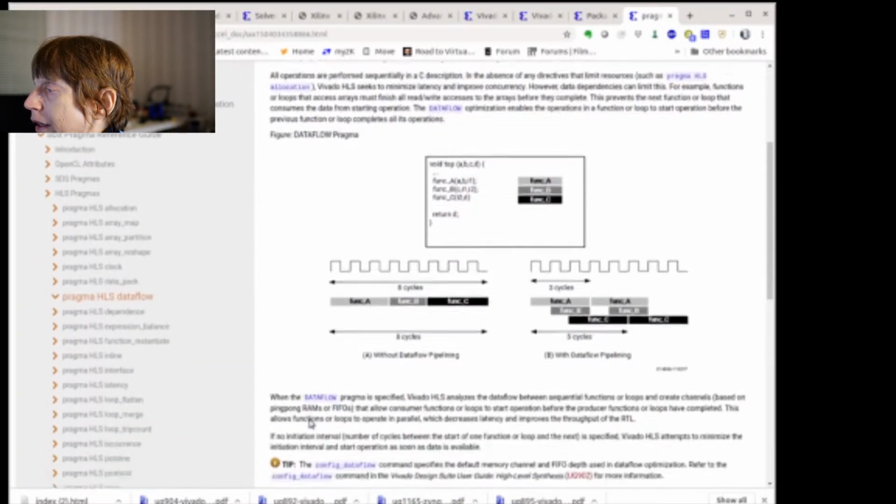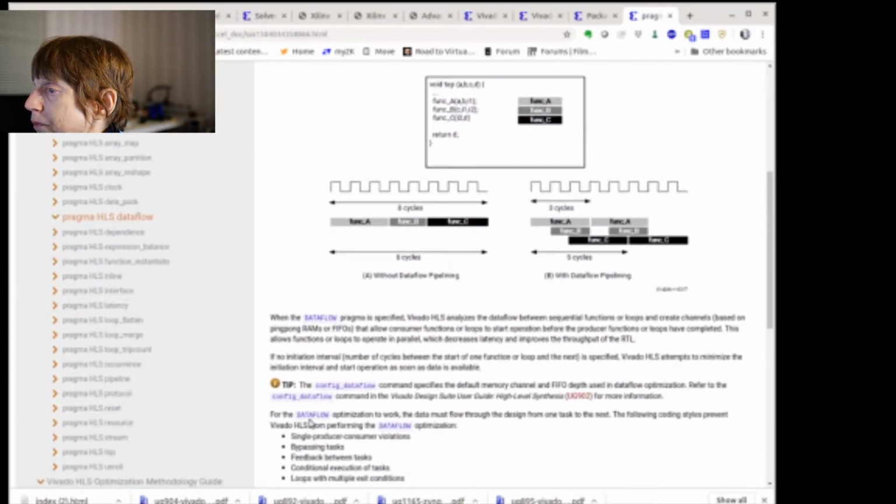And they have a little picture here. So you can start things. Again, it's your starting function A. You can start function B, function C, before function A is completed.